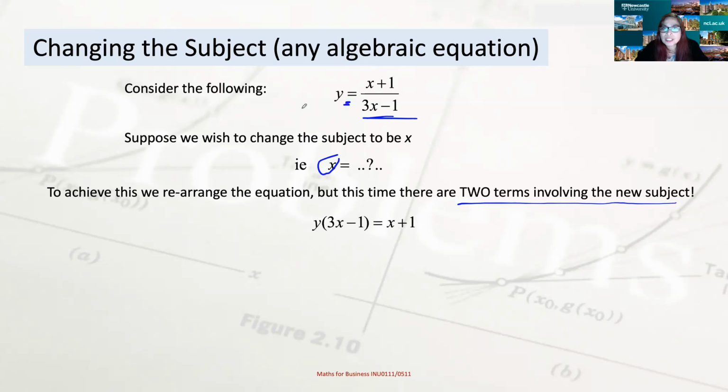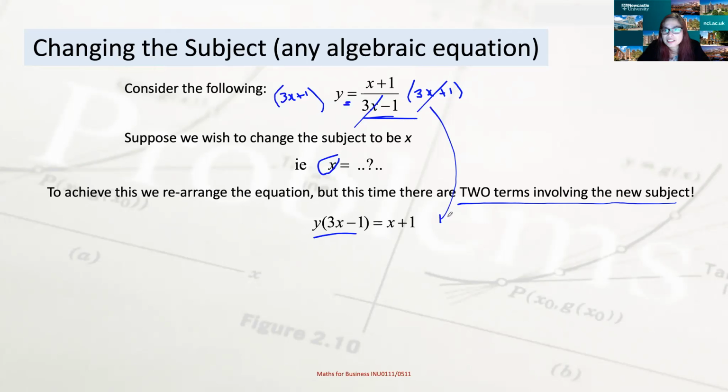I'm going to multiply both sides by 3 times x plus 1, so y times 3x plus 1, because I have multiplied both sides by 3x plus 1. I'm going to multiply both sides because I don't want the denominator. I want to get rid of the denominator first. Gone.